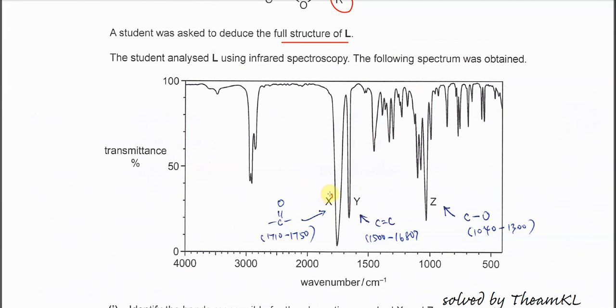The absorption at X will be the carbonyl. Absorption Y will be C=C double bond. Absorption Z will be C-O bond. And you can get it from the tables. In exams, tables will be provided nowadays.